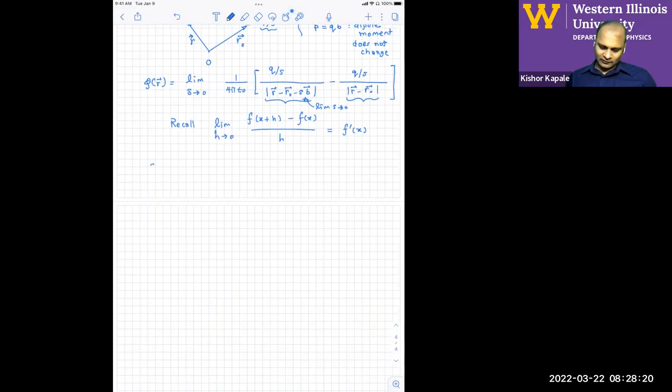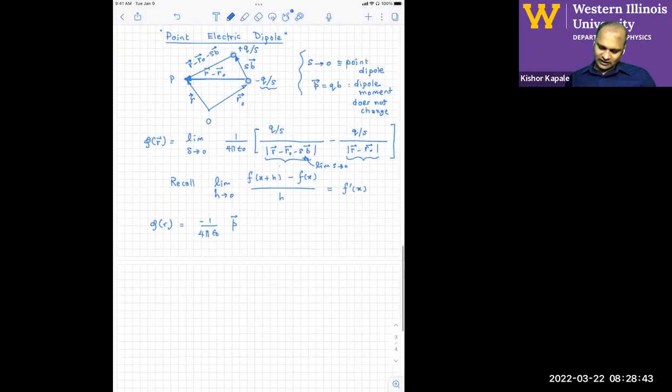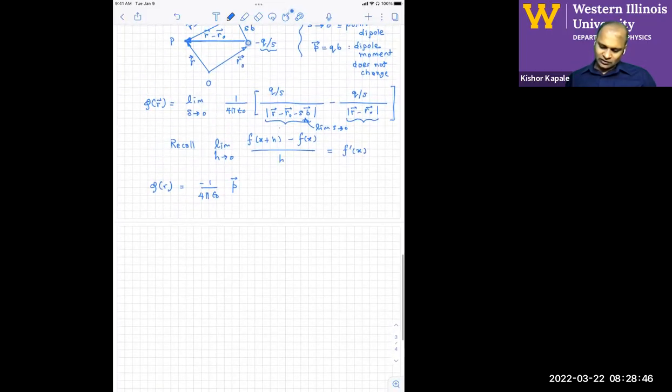And then we can write down phi of r as negative 1 over 4 pi epsilon 0, because we have x plus h, but here we kind of have x minus h, that's why the negative sign. Then you have the dipole moment p, which is q times b. Because h is actually scaled by b, you need to multiply by b on both sides and then adjust that. So that's where the p comes from.